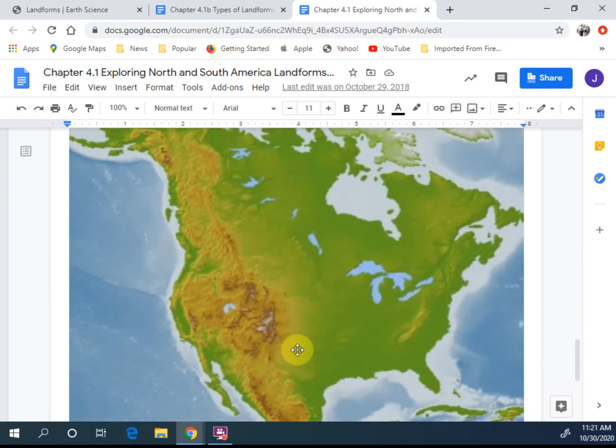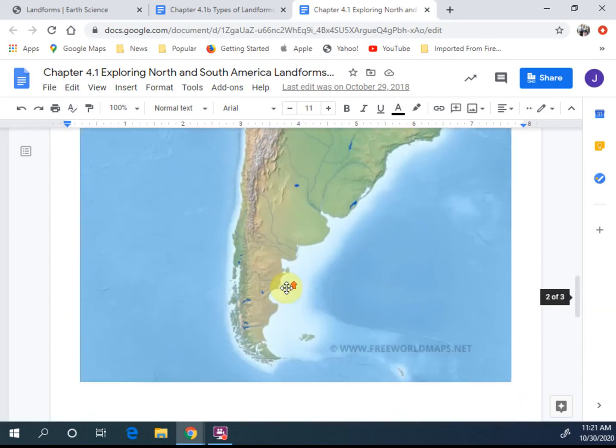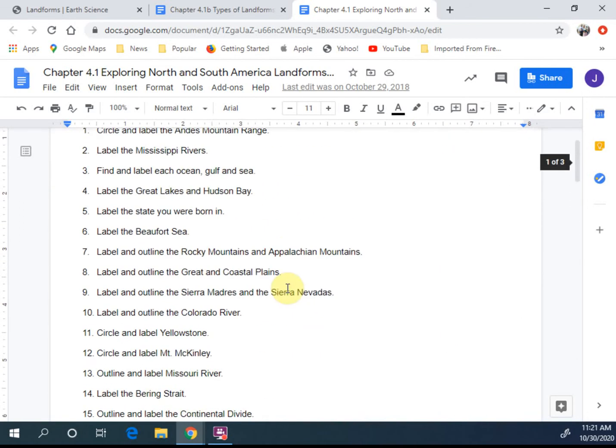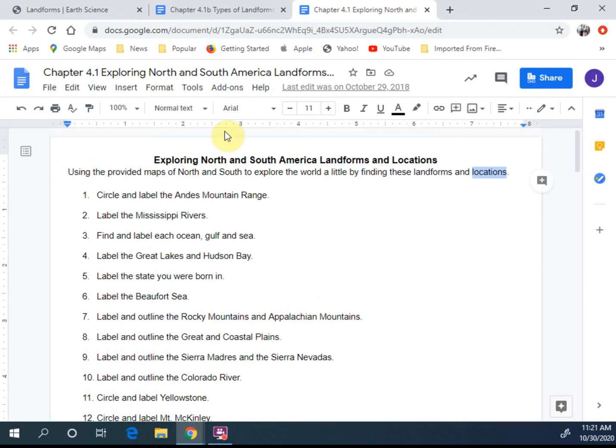You will document both of these maps with all 25 of these landforms and will turn it in as a grade. That will be your first assignment for chapter 4. When we finish this, we will move on to the lecture.